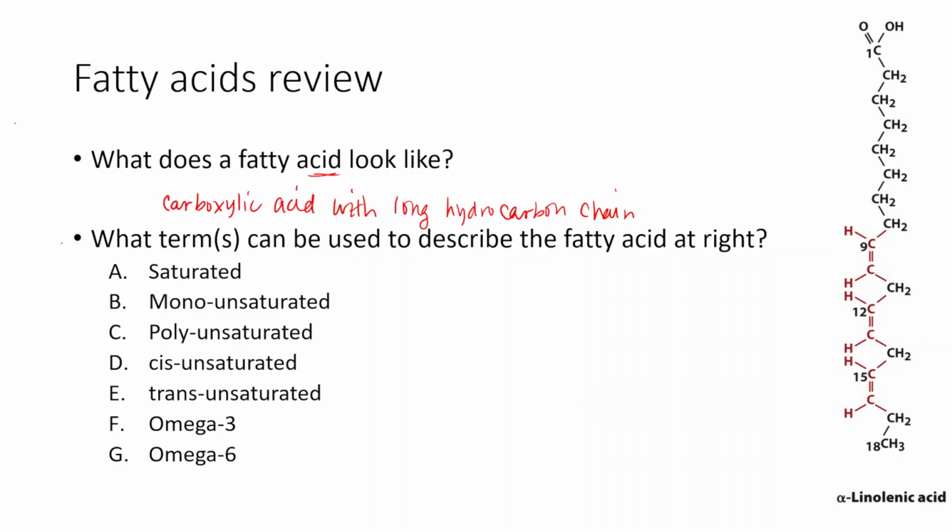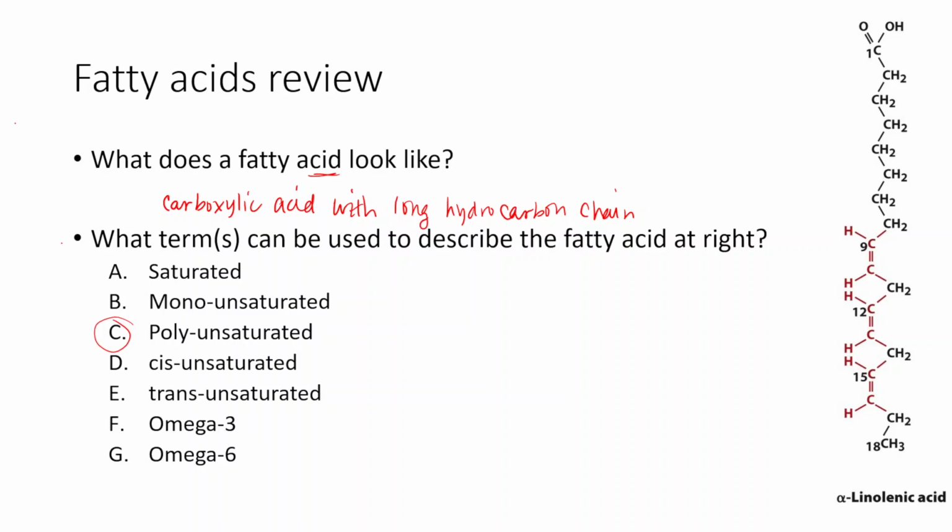Some people are done thinking, some people are still thinking. Does anybody want to tell me any one of these terms that we can use to describe alpha-linolenic acid? Yes, it is polyunsaturated. And how do you know that?